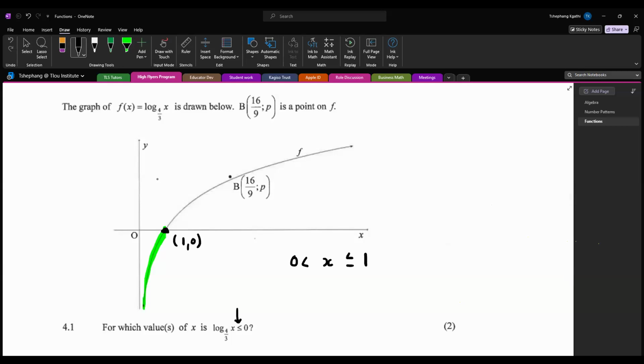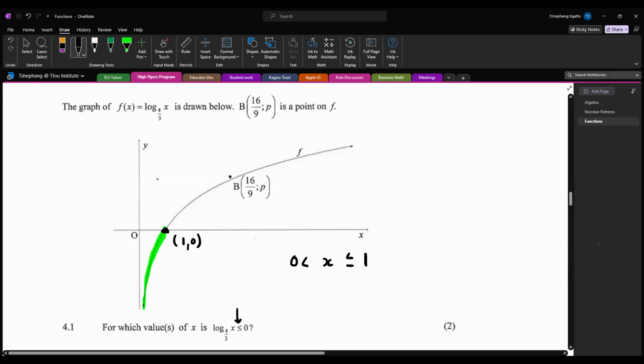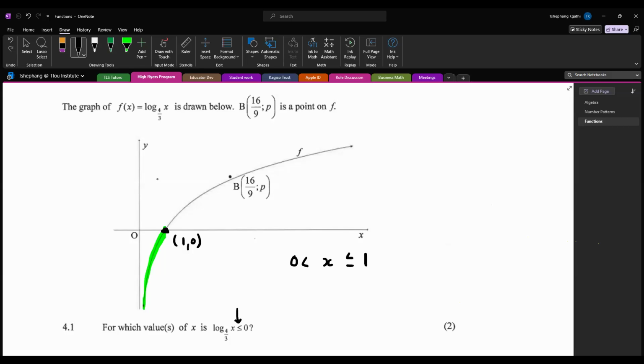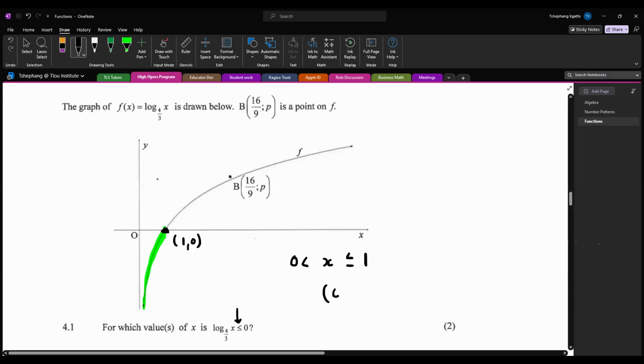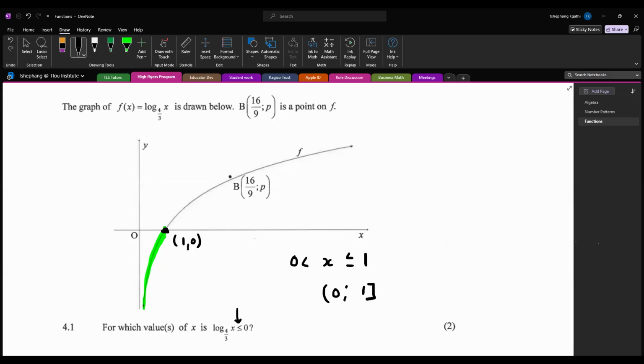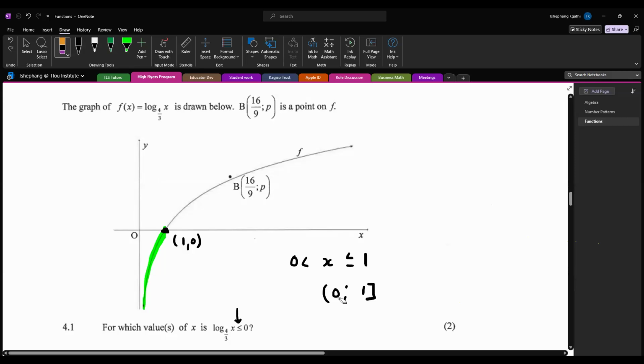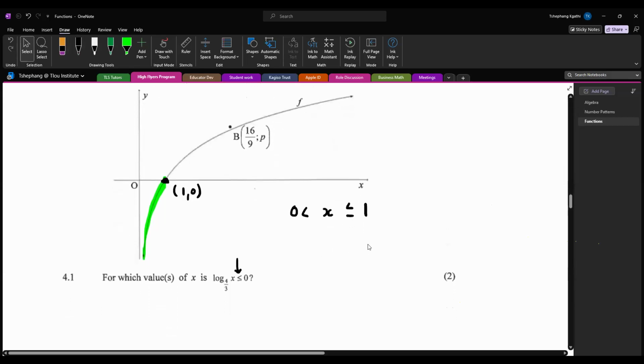The graph never touches that y-axis. There will be a point where they almost run parallel, very, very close to each other, but it never, ever touches. Alternatively, you could have said it's 0 and 1, just like that. And then you get your 2 marks for that. Just write down the answer here.